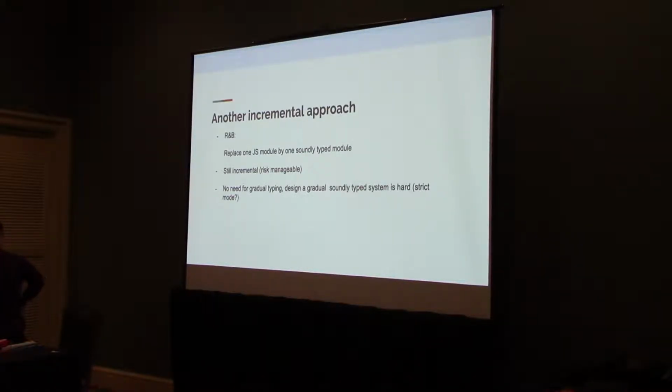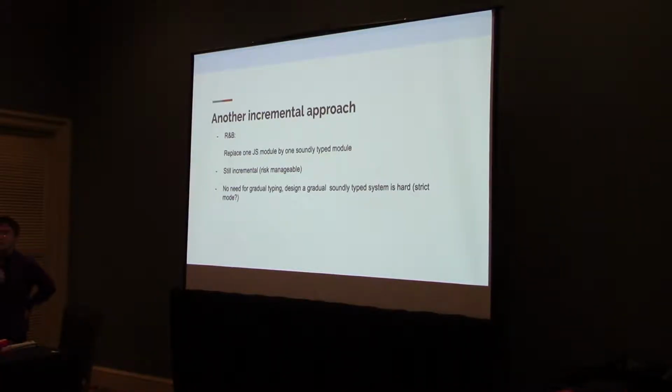The good thing about being a little more aggressive is that you don't need to design a new language or a new gradual type checker. You just reuse the existing type system, which is the OCaml system. But for a gradual type checker on top of an existing language, making the type check sound is much harder.